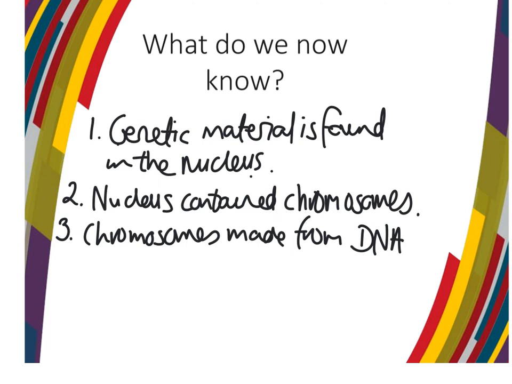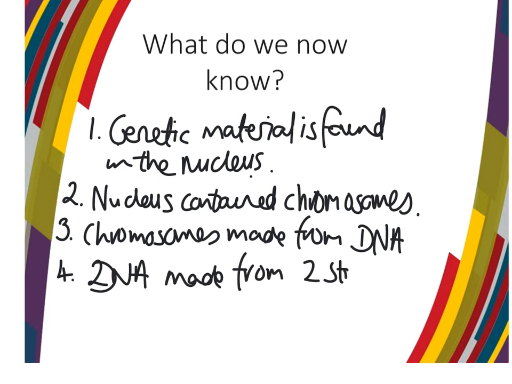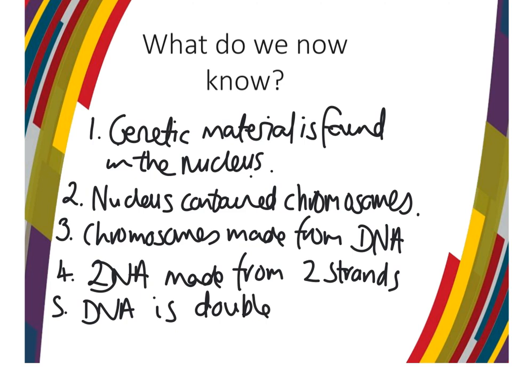Okay, and then we focused on that DNA for a bit longer, and we said that DNA is made from two strands. We said that DNA is a double helix. So if I just remind you, the DNA helix, a bit like that.